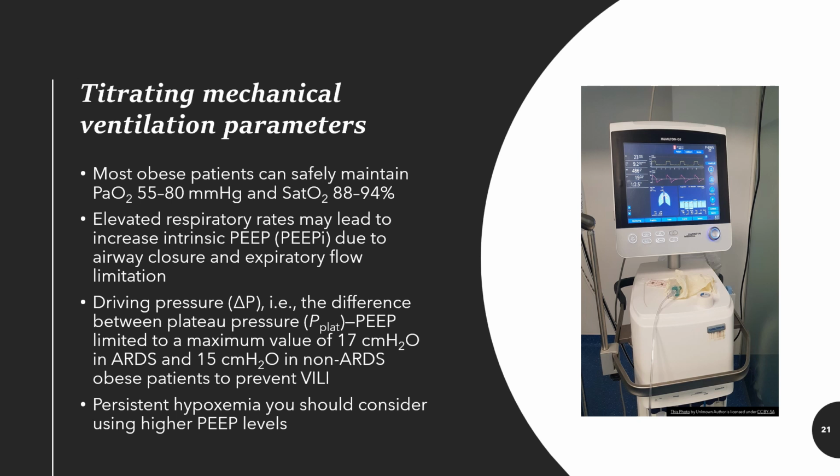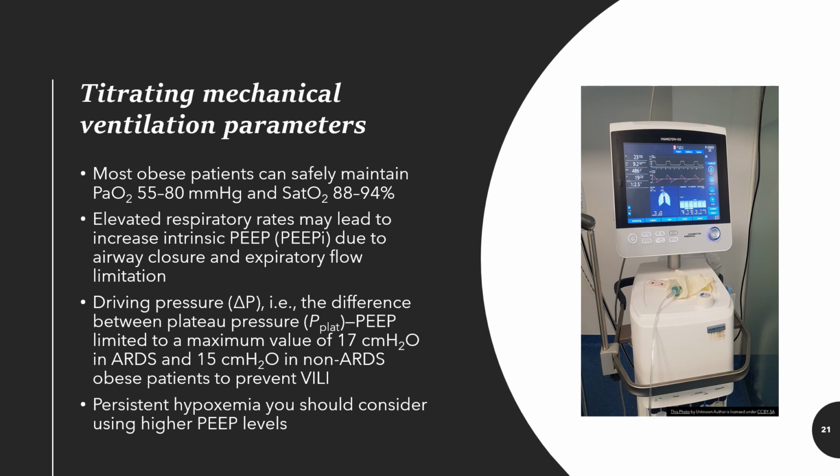If you have a high respiratory rate, the patient doesn't have much time to exhale and release all the gases, which results in air trapping, which again results in intrinsic PEEP. So the idea is to keep the respiratory rate low. This way the intrinsic PEEP is reduced.